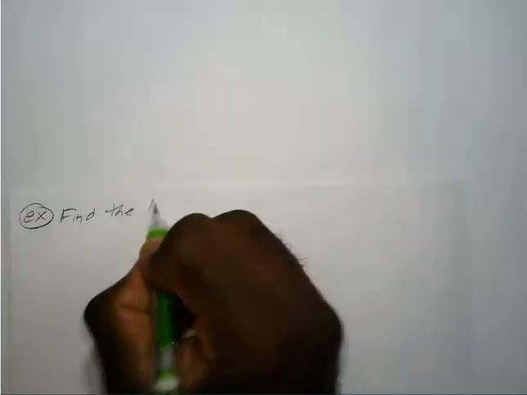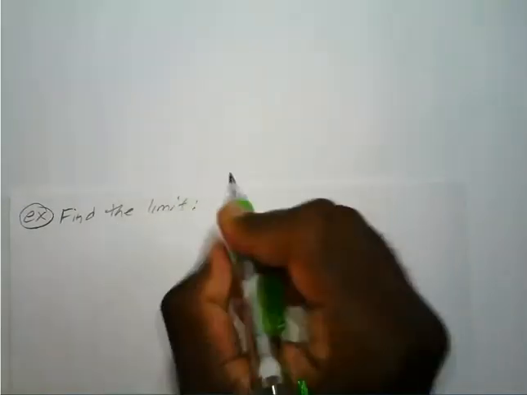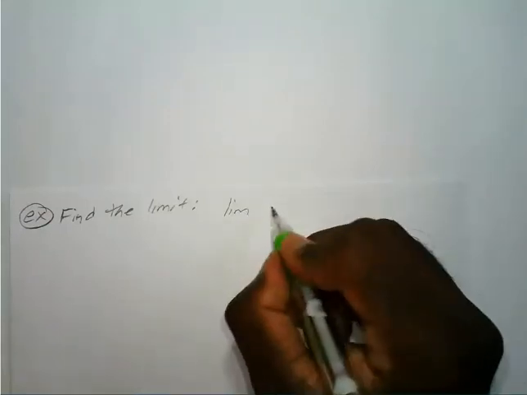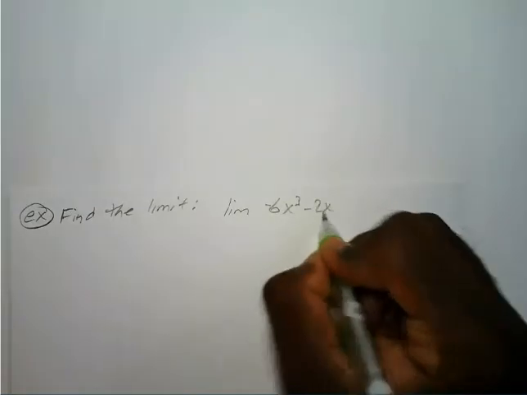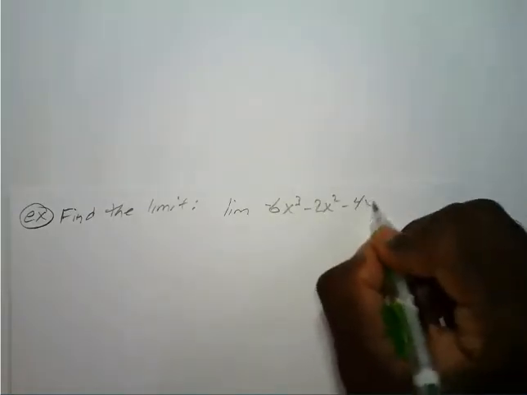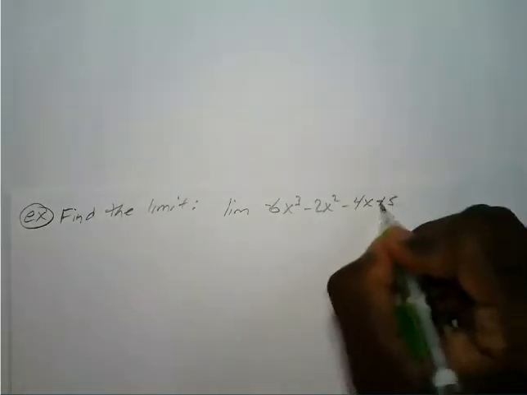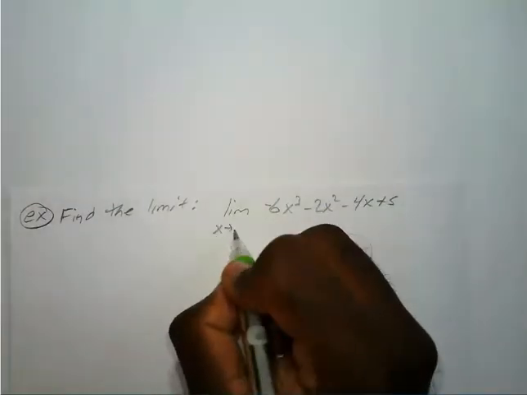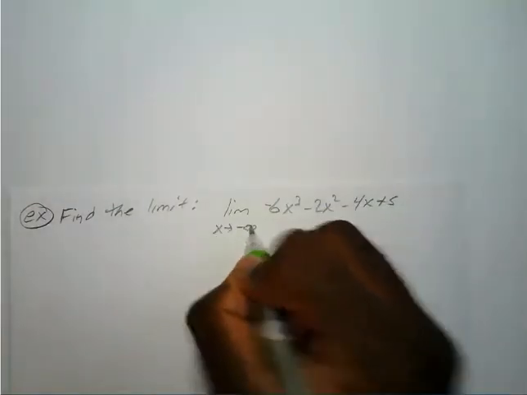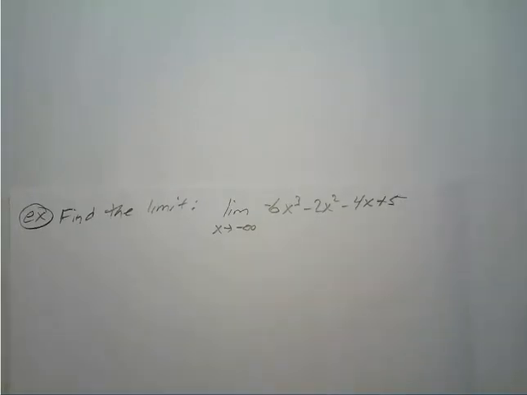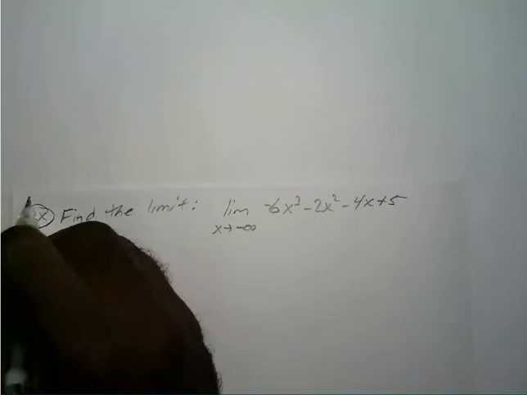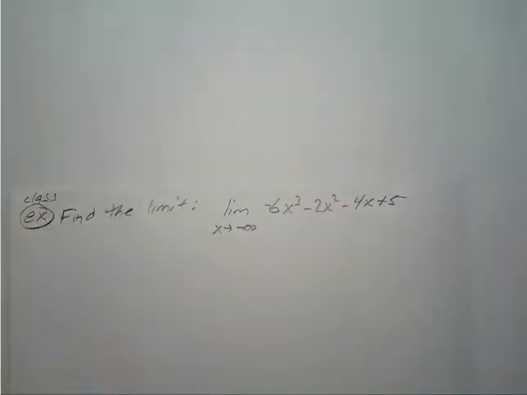Okay, so let's say you have the limit of negative 6x to the third minus 2x squared minus 4x plus 5 as x approaches negative infinity. Now, what I want you to do is press pause and try to work this one out on your own.